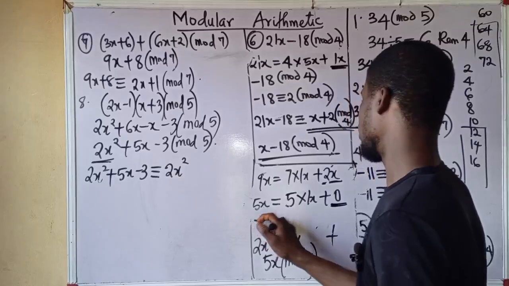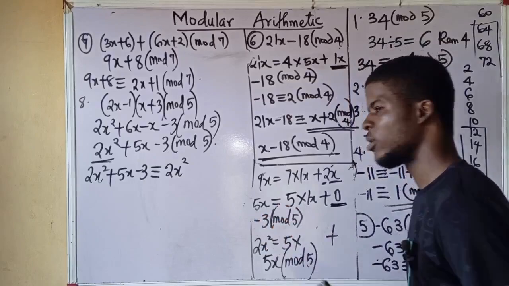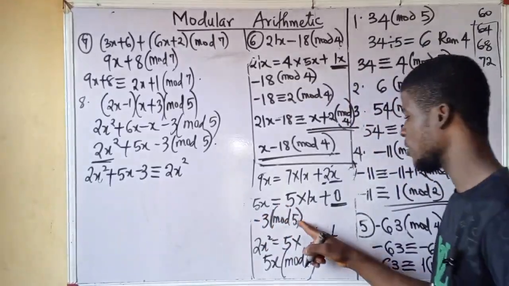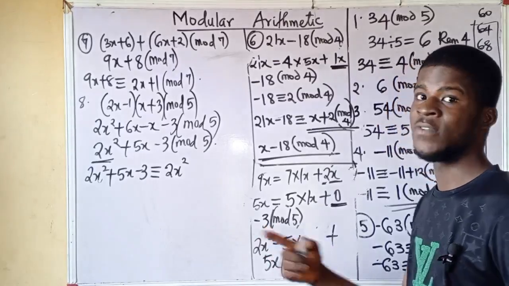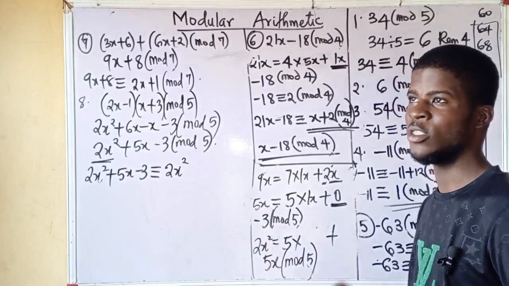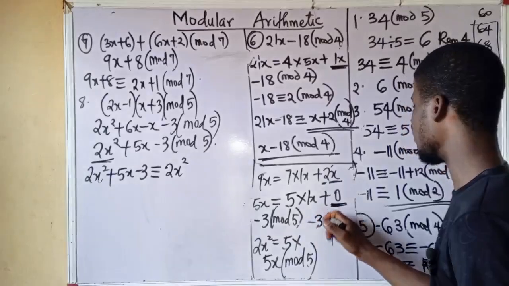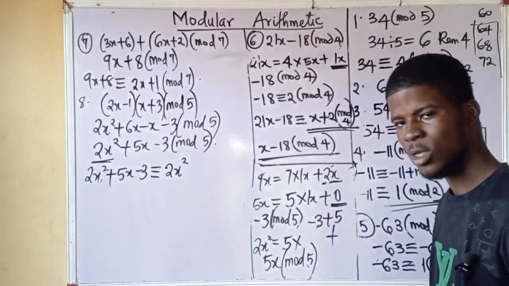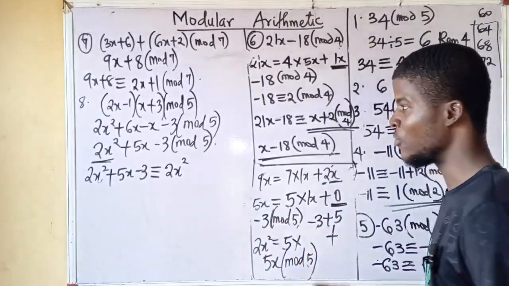Of course, minus 3 modulo 5, we look for the multiple of 5, the modulus, that is immediately greater than 3. Of course, it is 5. 5, 10, 15, 20. So we just use 5, since 5 is bigger than 3. So if I say minus 3 plus 5, that will give me 2. So minus 3 modulo 5 is actually congruent to 2 modulo 5.